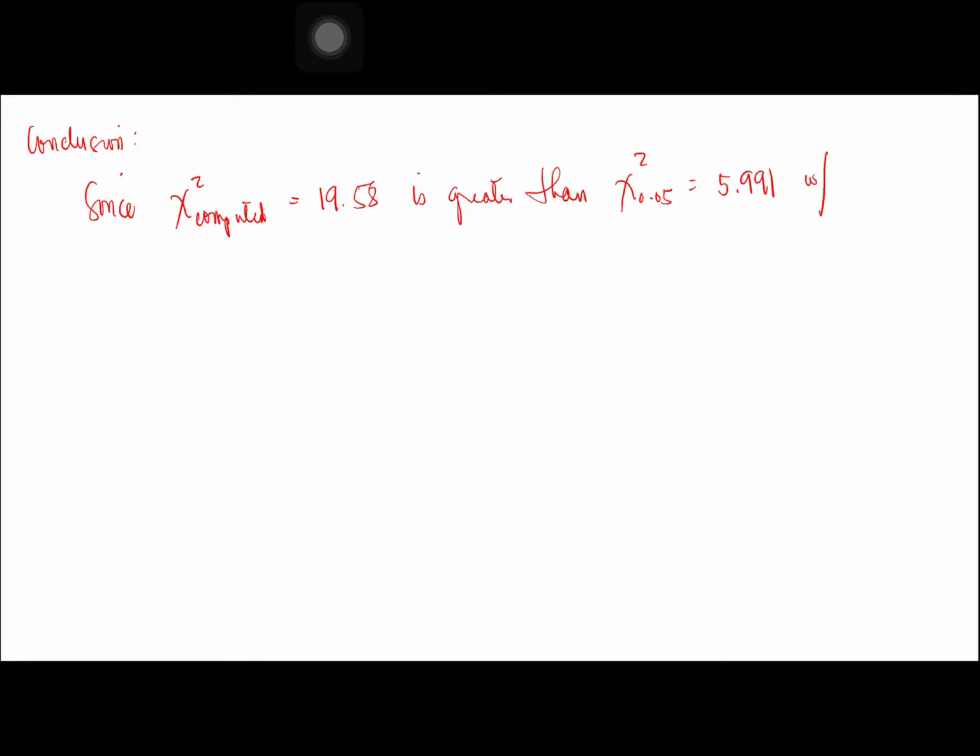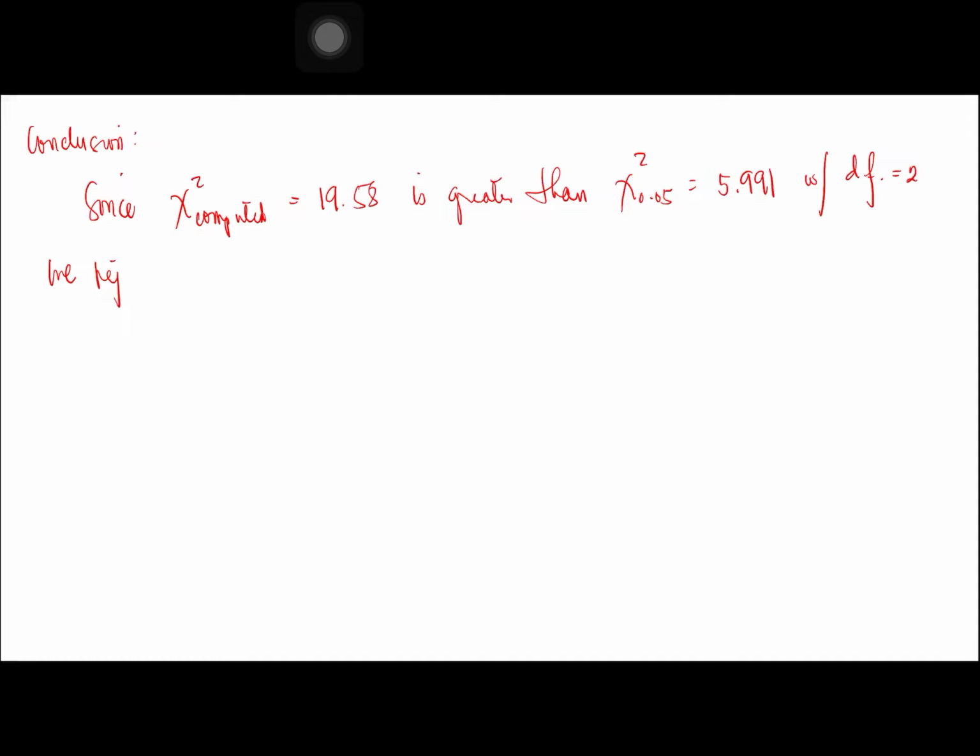So for our conclusion, again, since the computed value of chi-square that is equal to 19.58 is greater than our chi-square at 0.05 with 2 degrees of freedom, that is 5.991, with our degrees of freedom equal to 3 minus 1, we have 2.